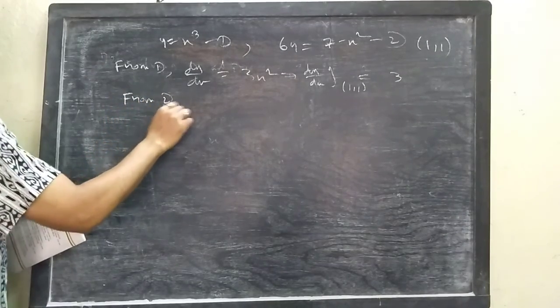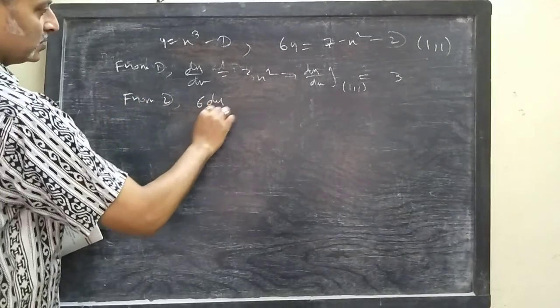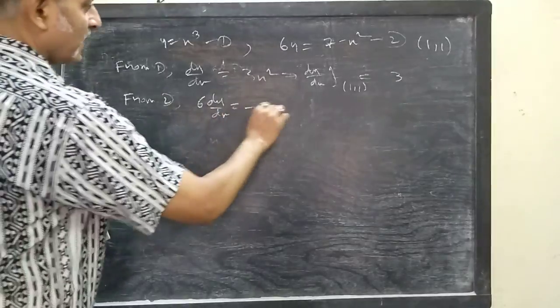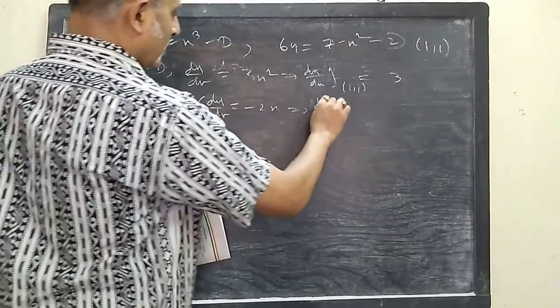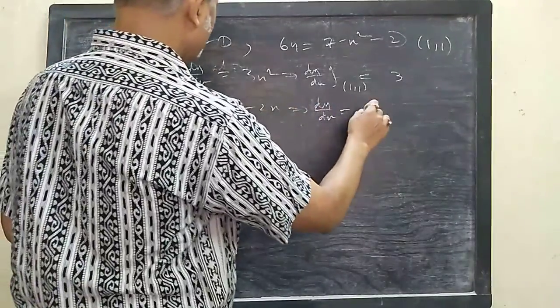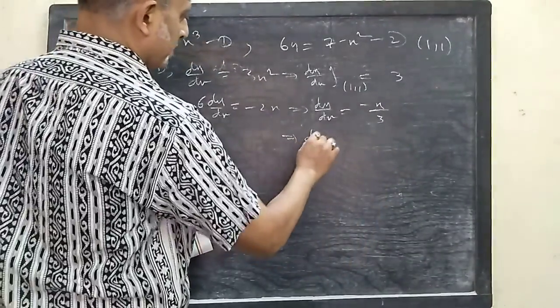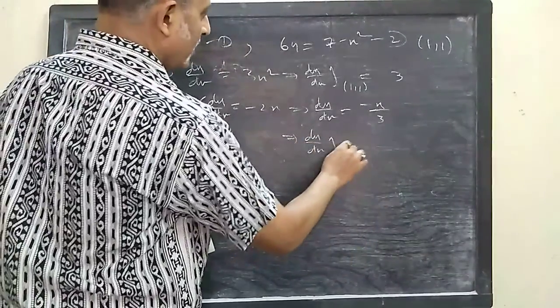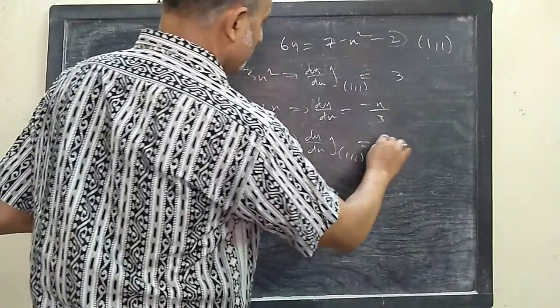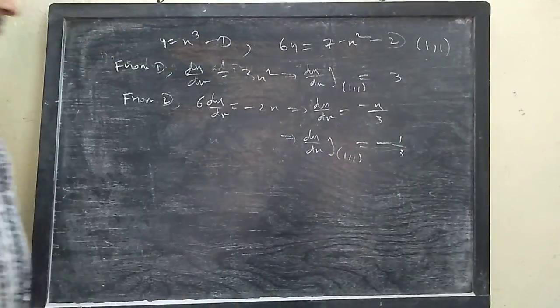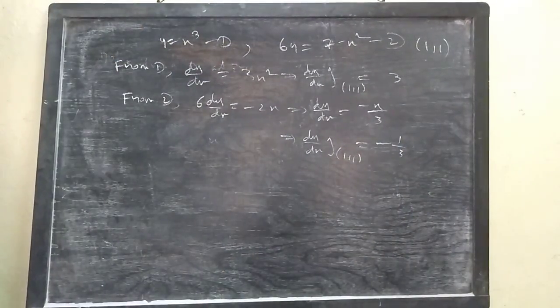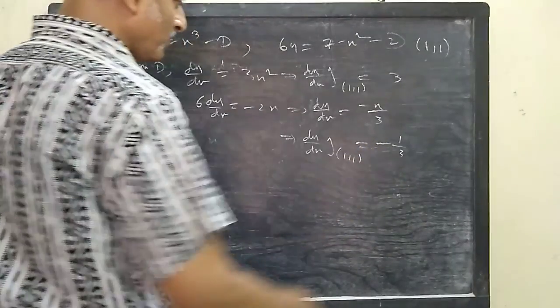From 2, 6 dy/dx is minus 2x, that is dy/dx is minus x by 3. dy/dx at (1, 1) is minus 1 by 3.